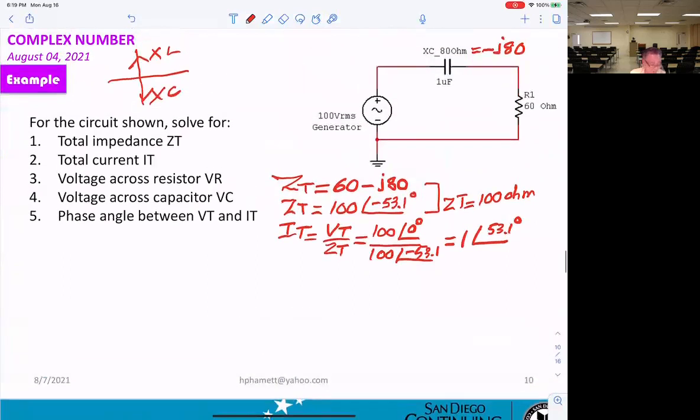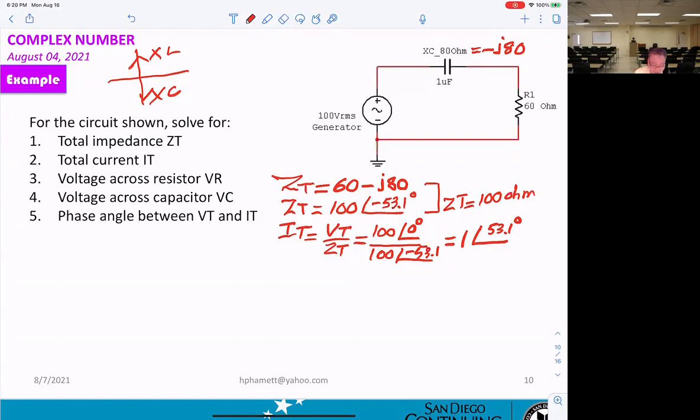Okay, now looking at the total current, the angle will be 53.1 degrees. That means positive. That tells you IT is leading VT by 53.1 degrees. You don't have to do anything else.